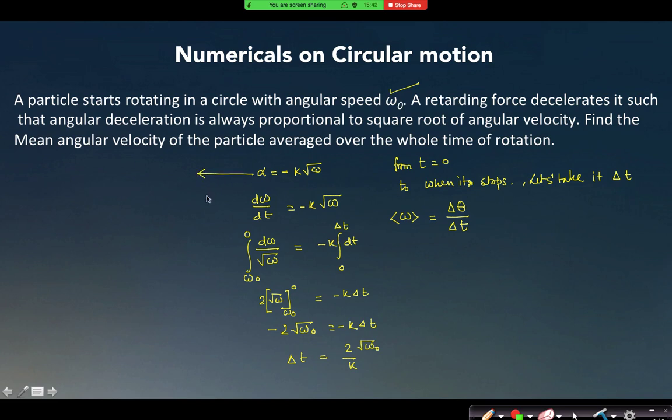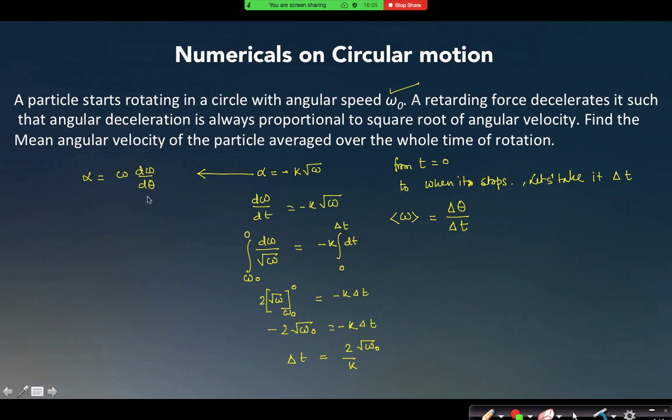Can you tell me a relation between omega and theta with alpha? A differential relation. Alpha is equal to omega into d omega by d theta. Yes, that we can very easily find, that d omega by dt is nothing but d omega by d theta into d theta by dt. D theta by dt is omega, and d omega by d theta is left.